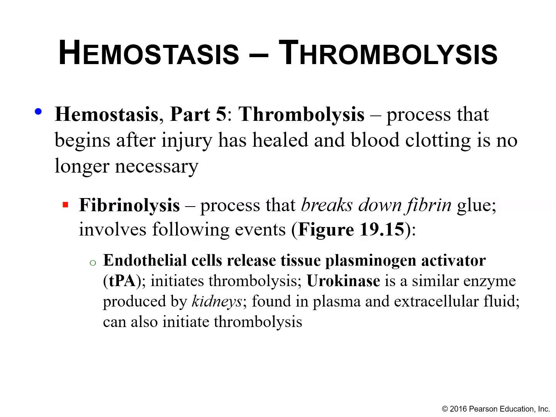So it initiates thrombolysis, literally the breaking down of the thrombus. Urokinase is very similar to TPA, but it's produced by the kidneys. It's found in both the plasma as well as the extracellular fluid, and it can also initiate thrombolysis, the breakdown of thrombin.